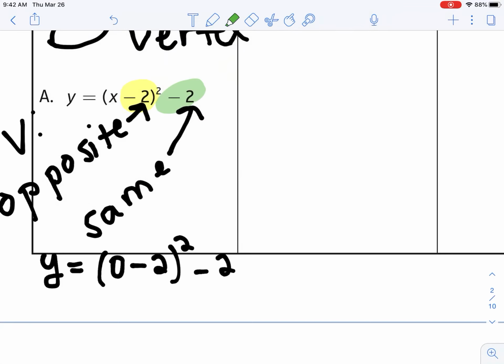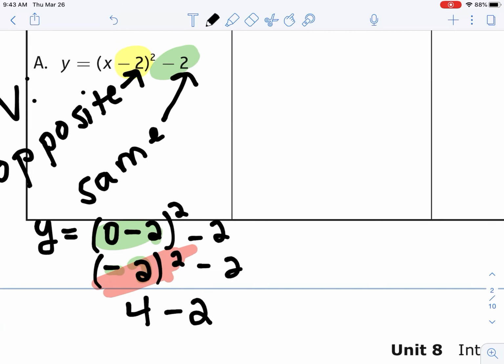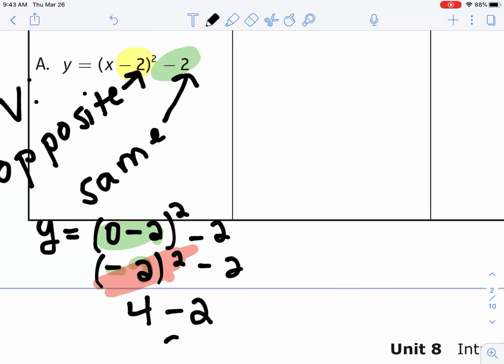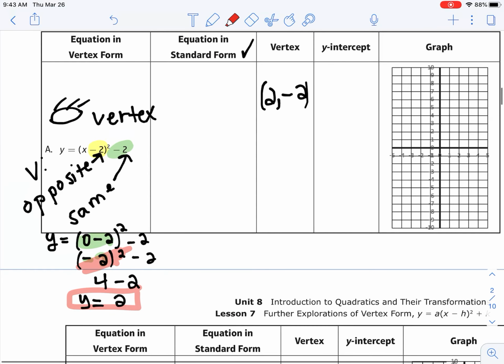All right, so now we're going to go ahead and simplify. 0 minus 2 is a negative 2, squared, minus 2. And then we're going to simplify. A negative 2 times a negative 2 is a positive 4. Minus 2. 4 minus 2 is a positive 2. So the y-intercept is at y equals 2.